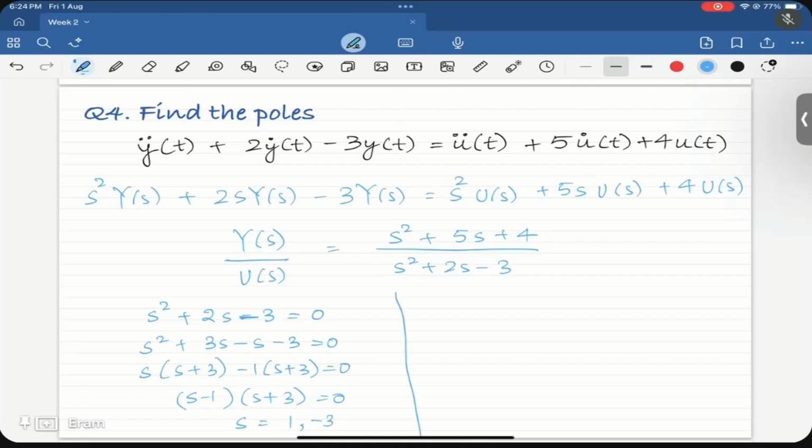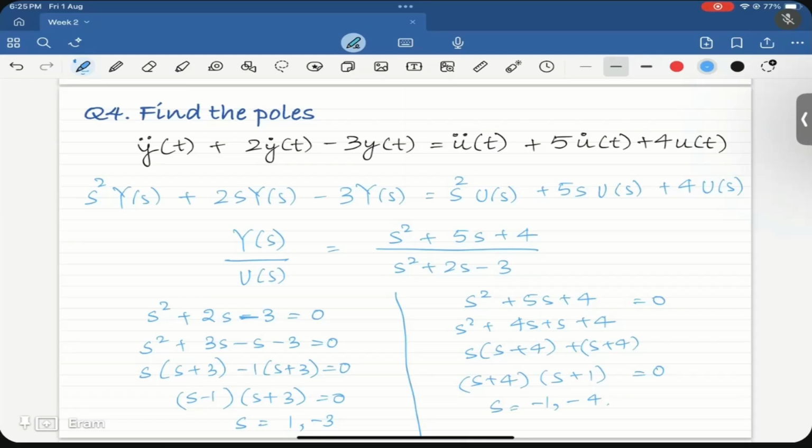And similarly for zeros, 5s plus 4, we can write it as 4s plus s plus 4. So the zeros of this system are, now can you identify? s equals minus 4 and minus 1. Minus 1 and minus 4, yes.